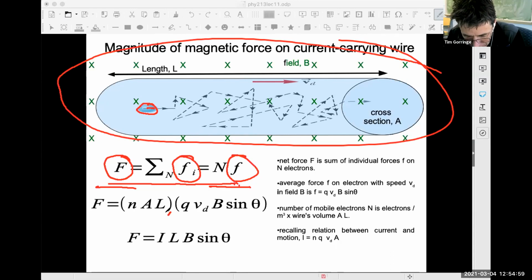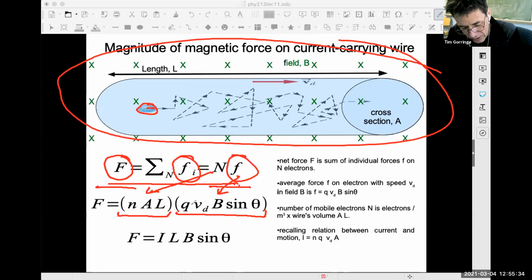So N, the uppercase N, the number of electrons in the wire, is the volume of the wire, so its area times its length, times the number of electrons per cubic meter, the lowercase n. That's me filling in for N. And then I'm going to substitute in for the little force on each individual electron due to the drift motion.